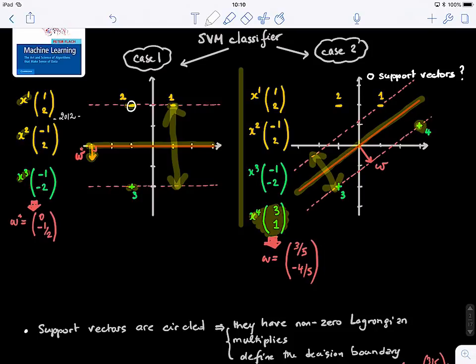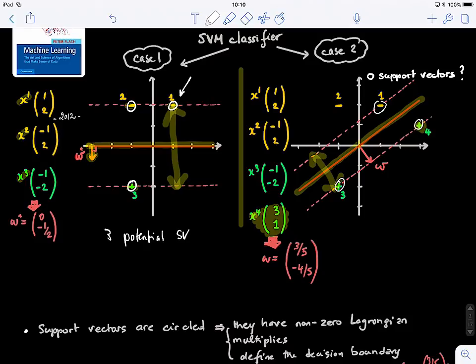Here we have 3 potential candidates for support vectors, and in this case, we also have 3. But what I would like to tell you is that, and we're going to discover this later on, not all samples which lie on the marginal hyperplanes will be selected by SVM as support vectors.